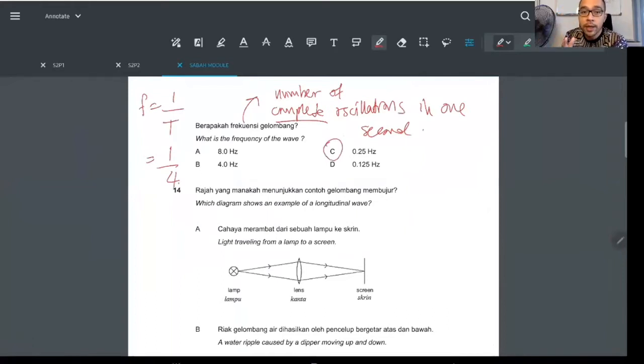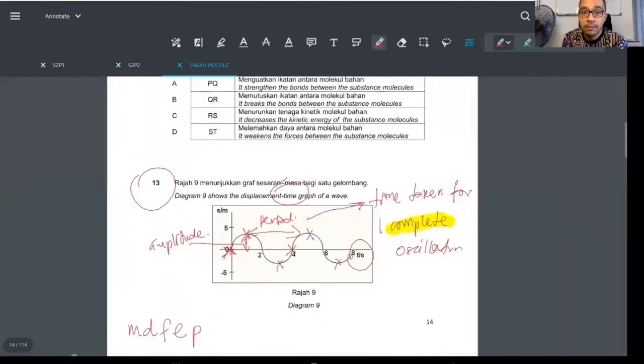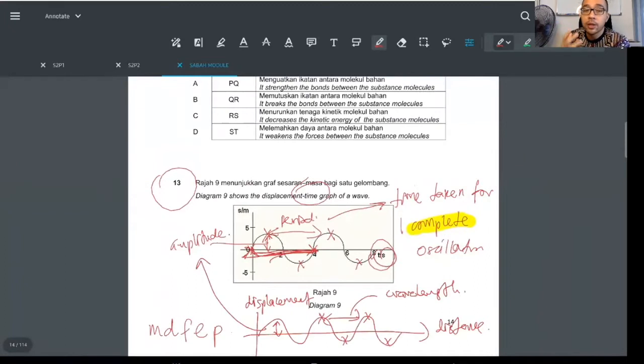Of course, I'm giving you all this extra information which has nothing to do with the question, but I want you to take note of this. Two graphs in waves: displacement time and displacement distance. Both give the same information, which is amplitude, but they give different information, where one is the period and one is the wavelength.